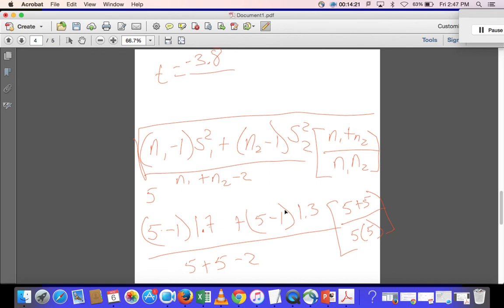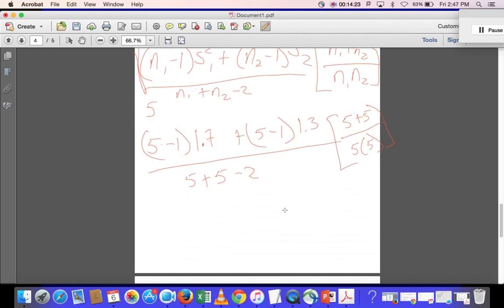So now the next step is really just for us to do all the math in this particular case. So 5 minus 1 is going to be equal to a value of 4 times 1.7 plus 4 times 1.3.